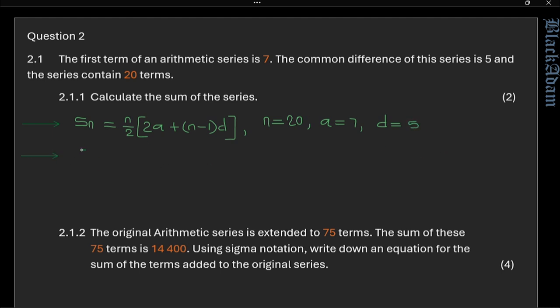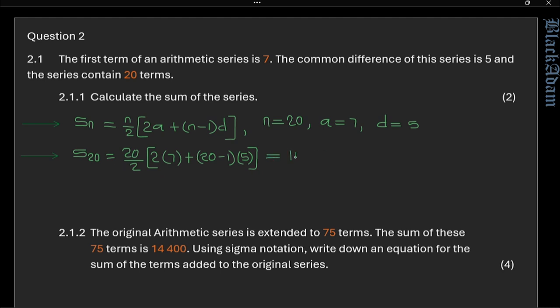From there, the sum of 20 is going to be 20 divided by 2, bracket, 2 times our a, which is 7, plus bracket 20 minus 1, and then common difference 5.